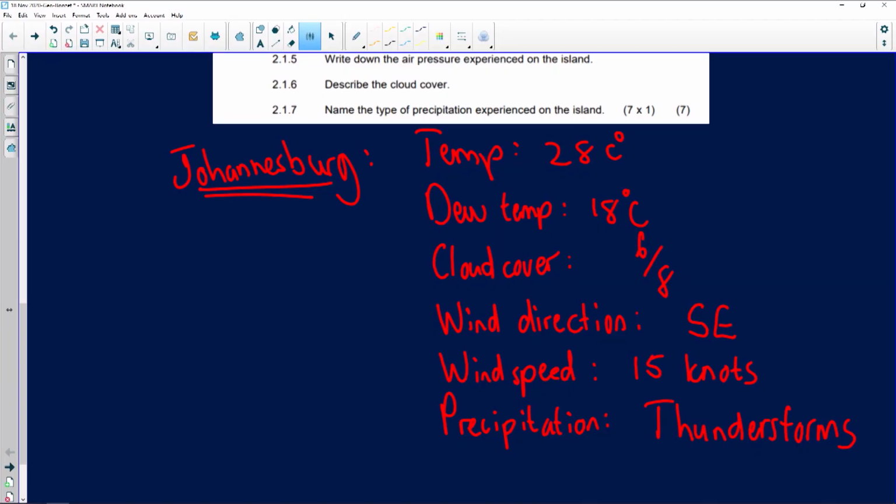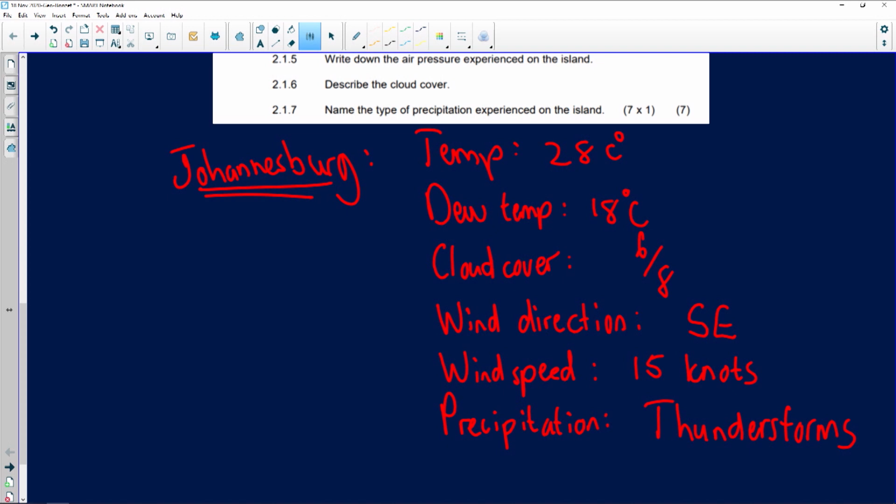Now you read the information from your weather station model. I'm going to draw the weather station model now: the temperature is 28 degrees, the dew point is 18, the cloud cover is 6/8, the wind direction is southeast, the wind speed is 15 knots, precipitation is thunderstorms.